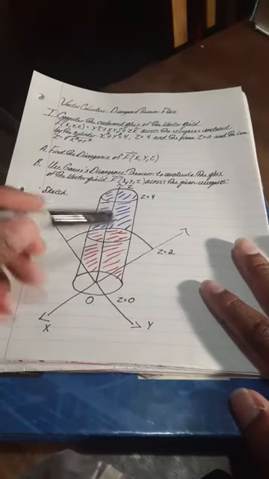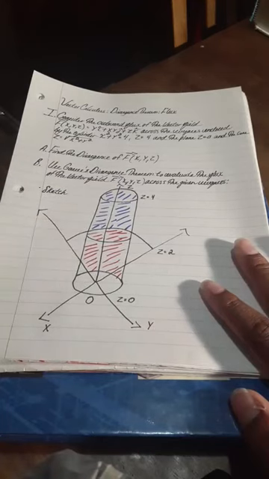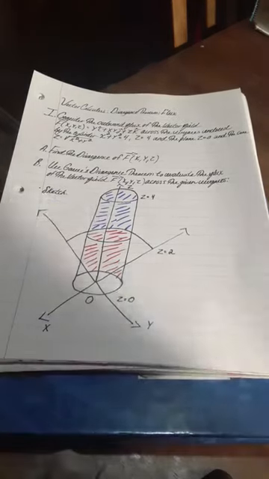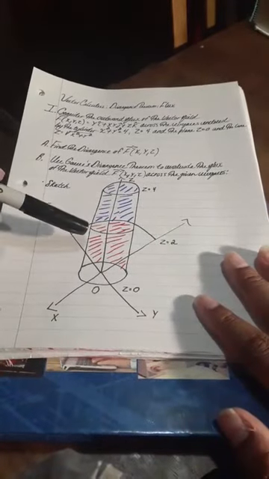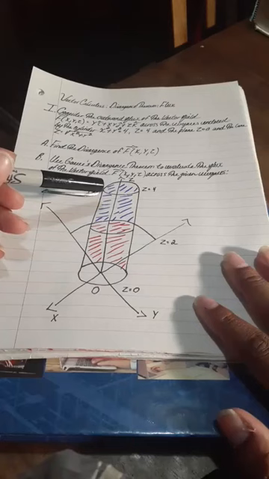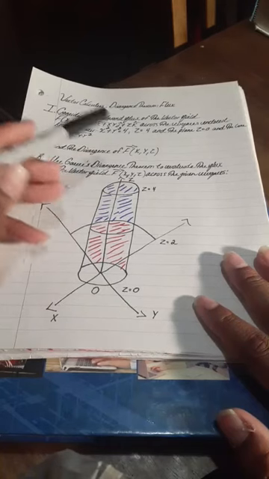So what I went ahead and did before the video was sketch the figure. The reason I always sketch it first is that sometimes sketching can take a bit of time depending on what it is. This is a cylinder and a cone, so it did take me a little bit of time.